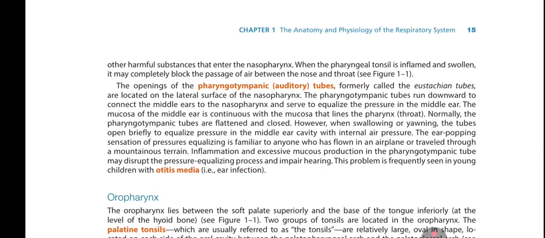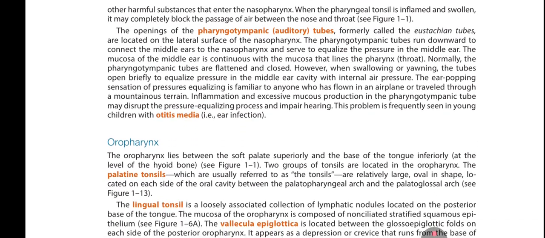And this is also where our pharyngotympanic or auditory tubes are placed. These are responsible for the equalization of pressure between the outside pressure and the inside pressure.